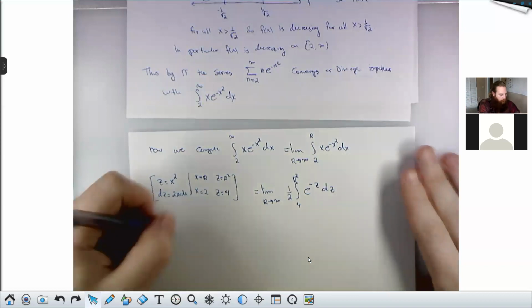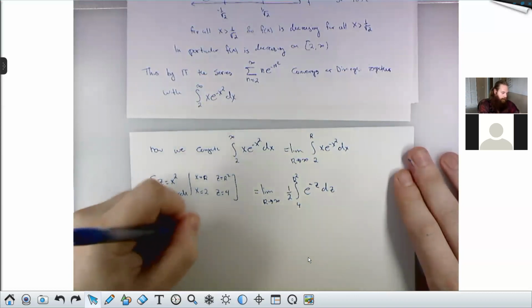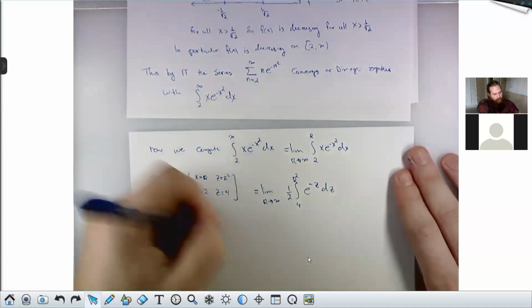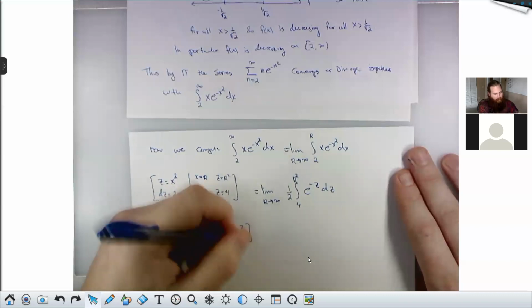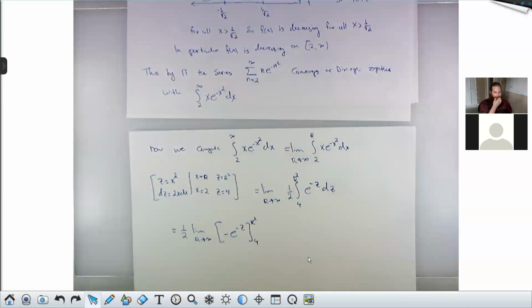An antiderivative for which is easy to find. I'll bring the 1/2 all the way out front. Then I have the limit as r goes to infinity, e to the negative z has antiderivative negative e to the negative z, and I evaluate from 4 to r squared.